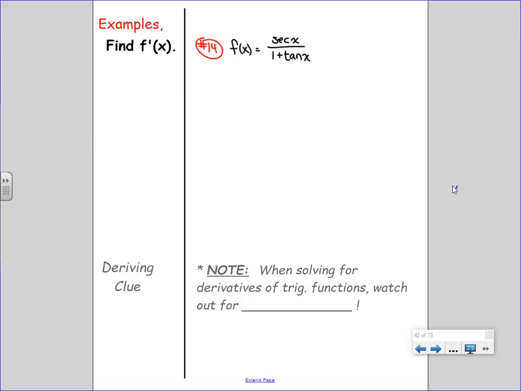Got a top and I got a bottom. Gotta use my rule.